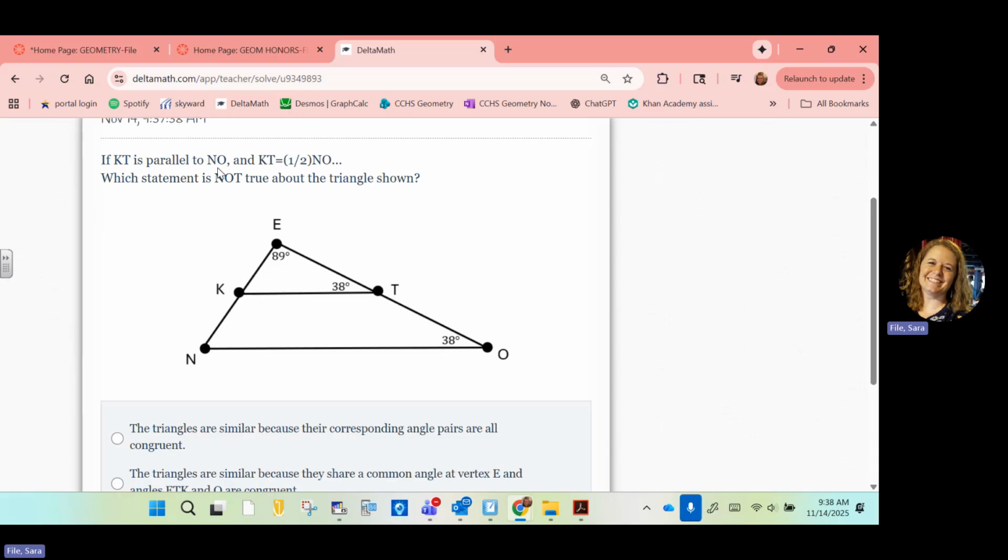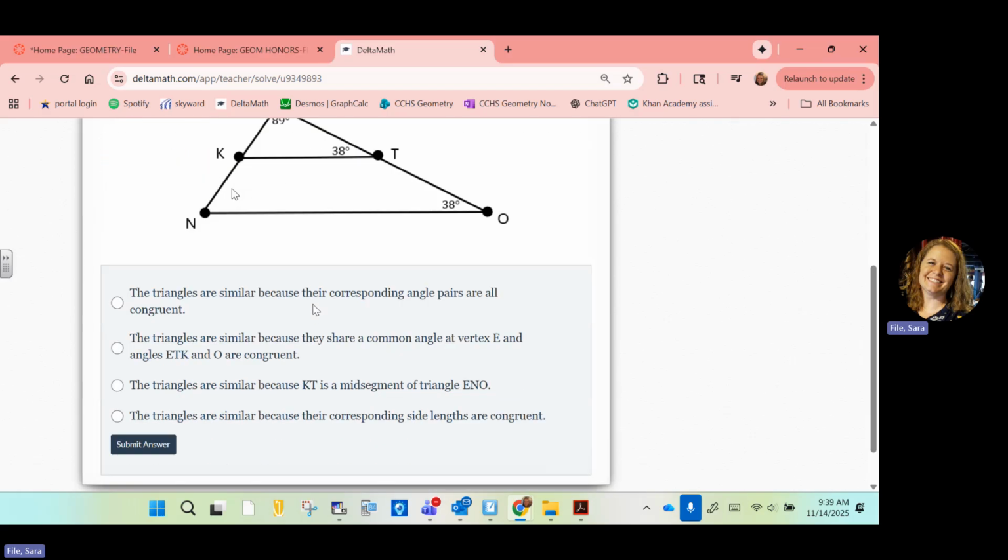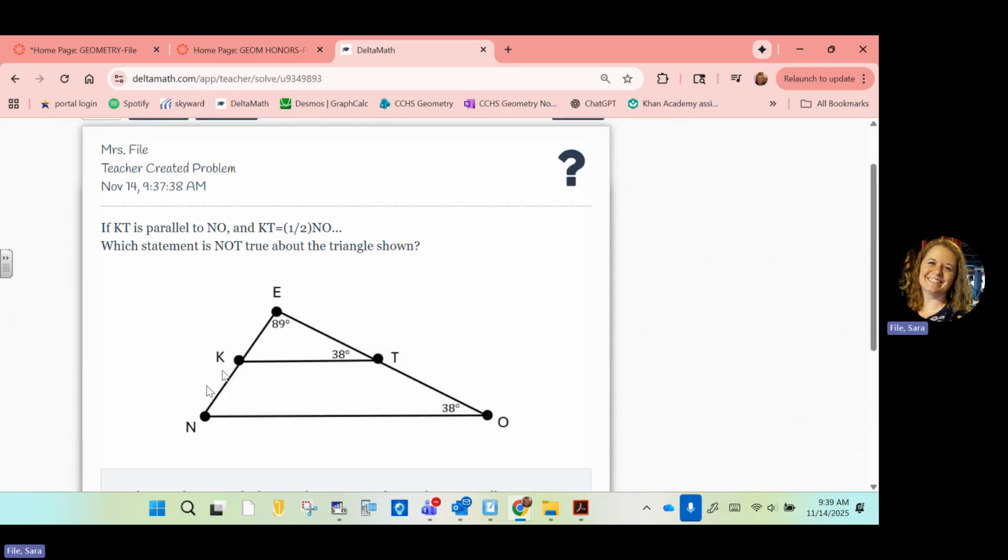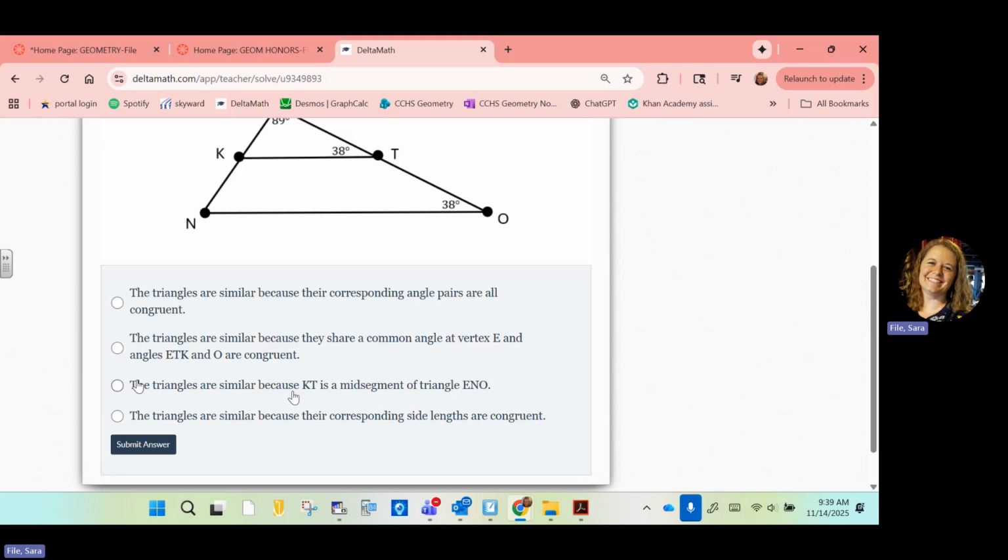Okay, so we have to understand, oh, because it's parallel and because it's half the length, that is a mid segment. Because one of the statements down here says that the triangles are similar because KT is a mid segment of triangle ENO. That's true. Okay, because if you draw a mid segment, you are creating similar triangles. So that one is a true statement.